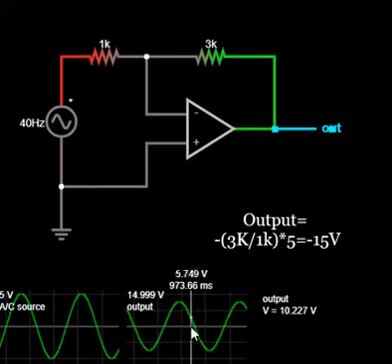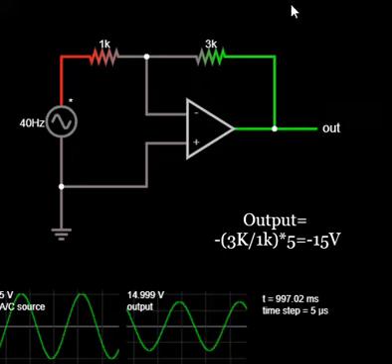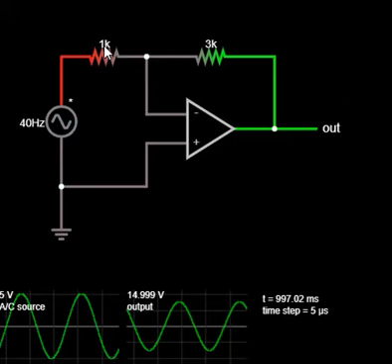Though we say that the output has to be limited by the power supply voltages, in practical cases, we see that the output voltage will be equal to the maximum limit of the power supply.